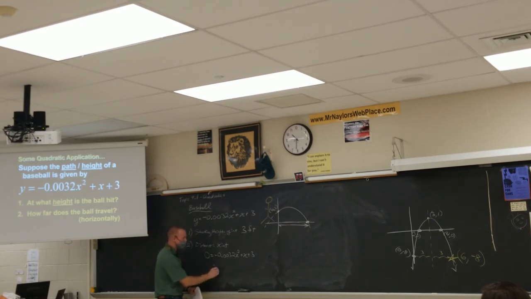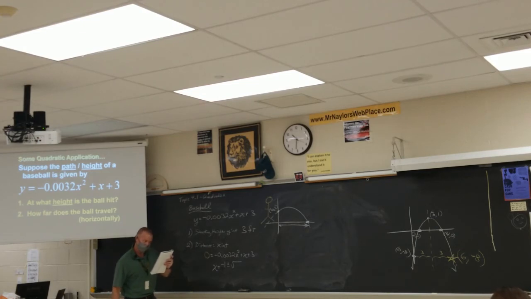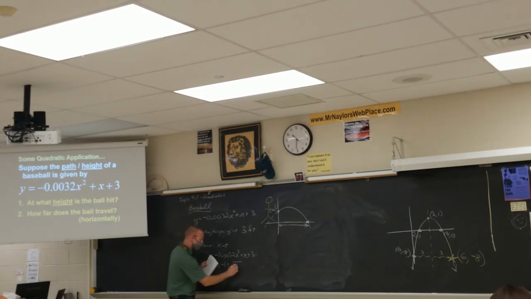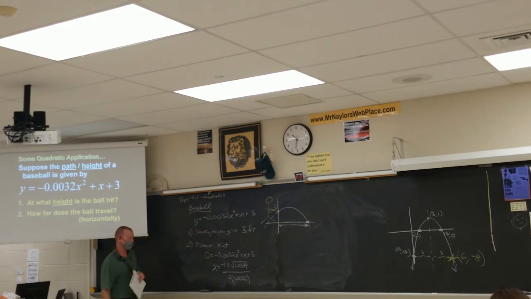I'm going to skip a step just to save a few minutes, but I trust that you guys can do the opposite of b, plus or minus. It turns out that it's going to be the square root of 1.0384. Again, that's the discriminant, and it's all over 2a, which is going to be 2 times this small number, negative 0.0032.